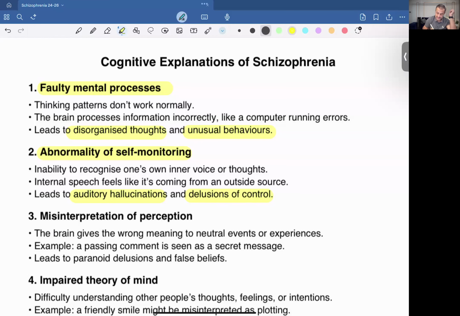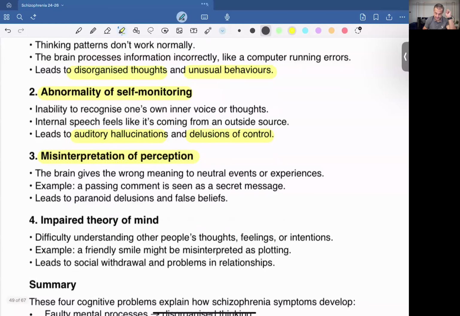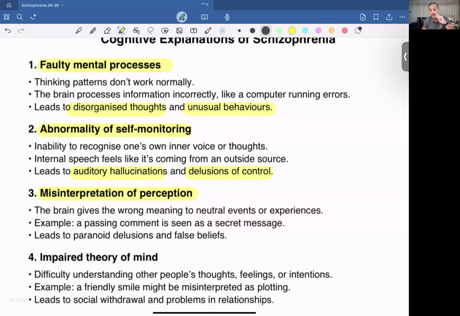Number three, misinterpretation of perception. Your brain gives wrong meanings to neutral events or experiences. Example, a passing comment is seen as a secret message. Let's say you see two people talking to each other, which probably has nothing to do with you, but you take it in a wrong manner.